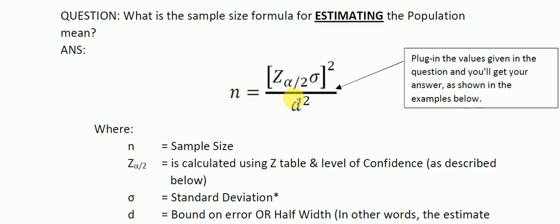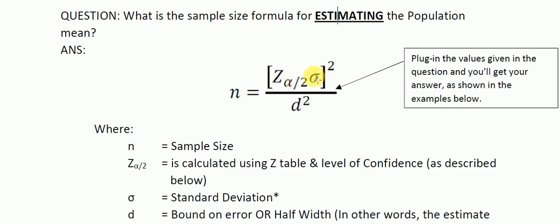We'll come to this aspect of the formula later on. For now, just remember that z alpha by 2 is a separate variable and it needs to be calculated using various inputs from the question.